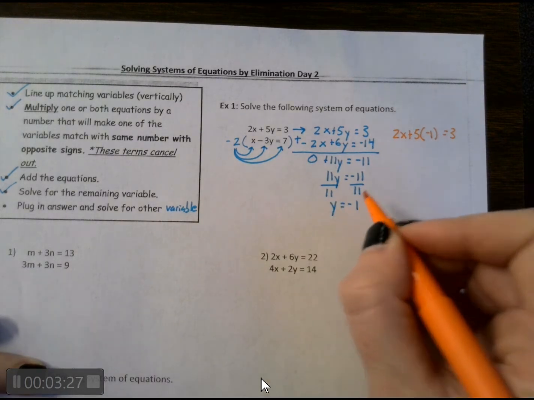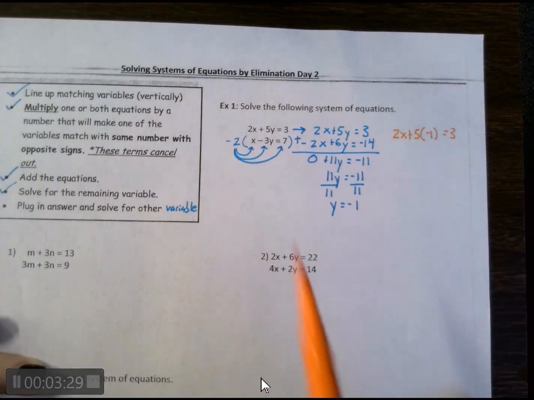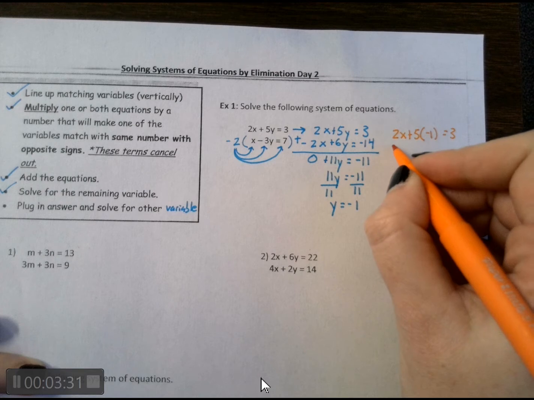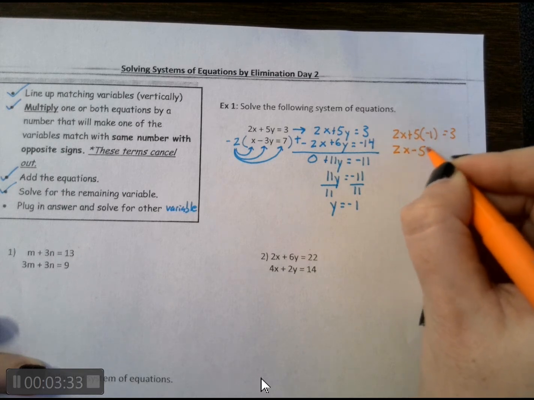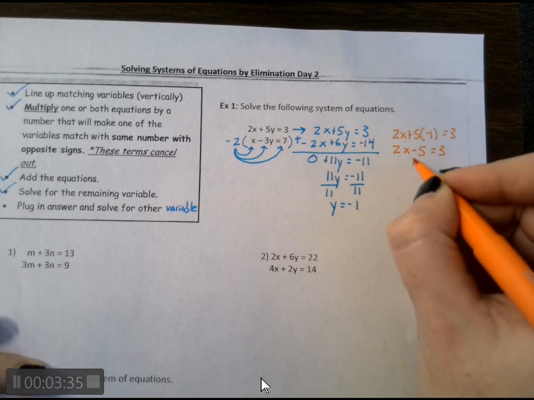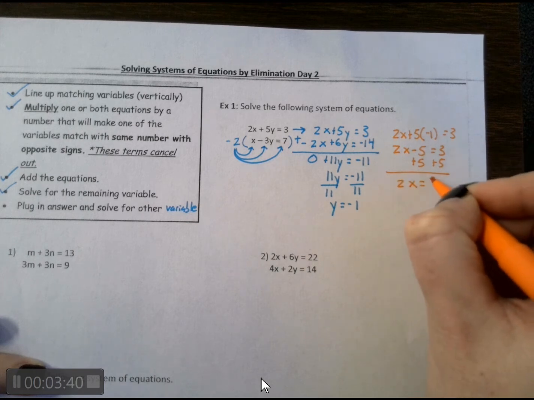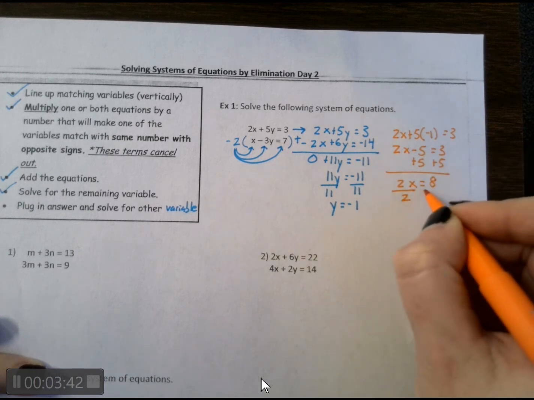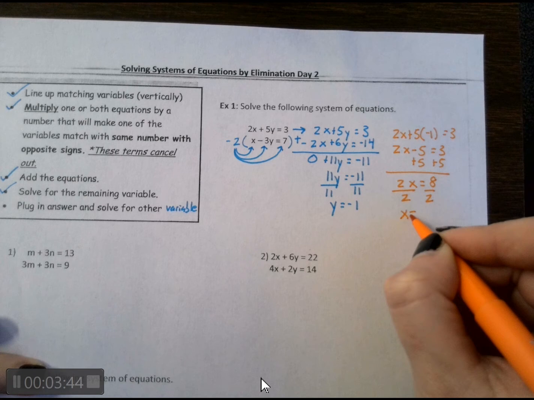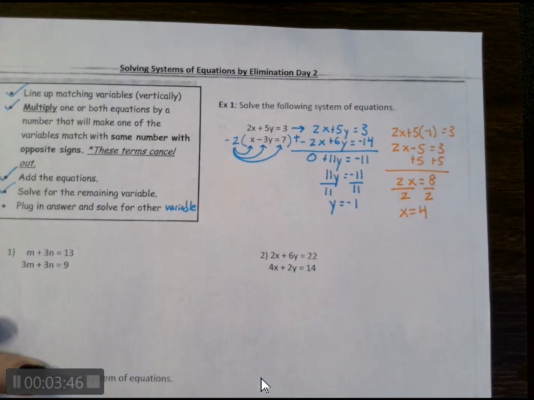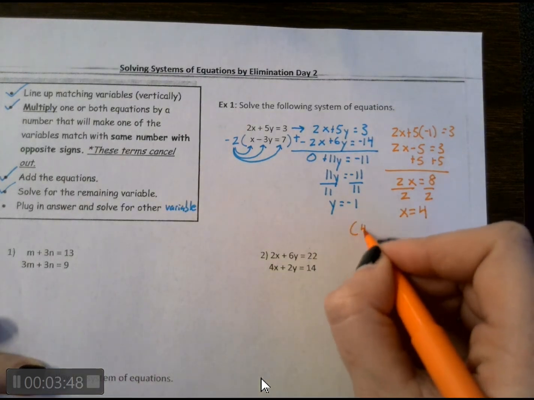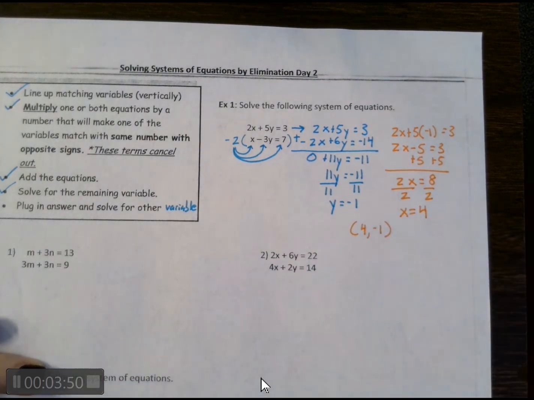All I did was substitute this -1 for this y. So then 2x minus 5 equals 3. We're going to add 5 to both sides to get 2x equals 8. Divide by 2, so x equals 4. So then our coordinate point should be 4, -1.